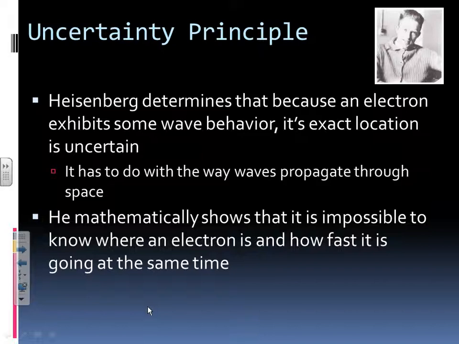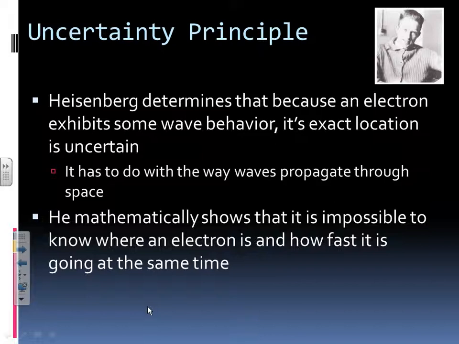It shows where you are, but not necessarily how fast you were going. Okay? Now, in the big world, we can sort of resolve those two things together. But in an electron standpoint, that's hard to do. Not hard, it's impossible for us to do, to find out how fast something is going and where it is at the same time.